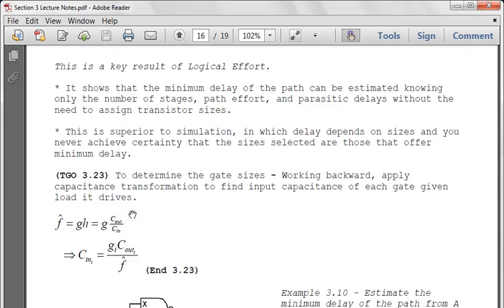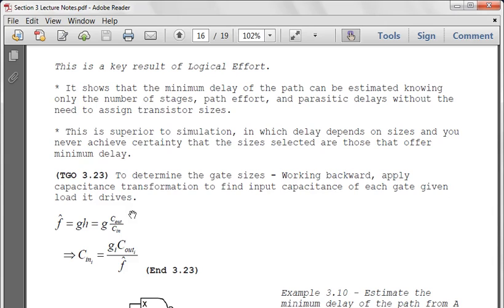So rearranging to solve for the input capacitance, it's logical effort, times the output capacitance, divided by the best stage effort. So here we had 5 over 3. We knew that the output is 45, and we calculated our best stage effort is 5. So placing that into the equation, we then got this.